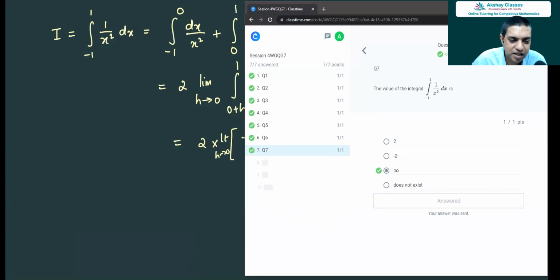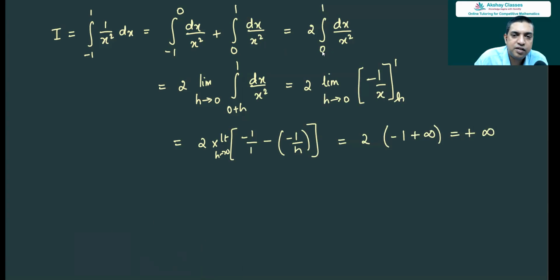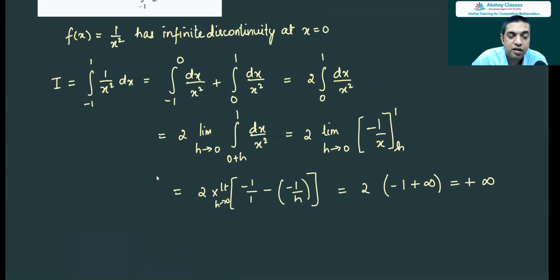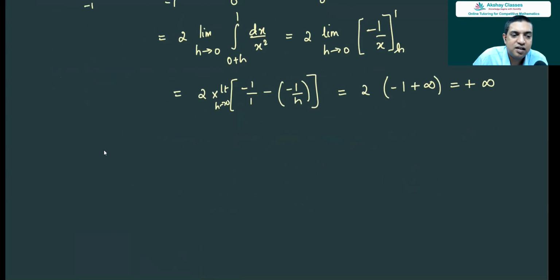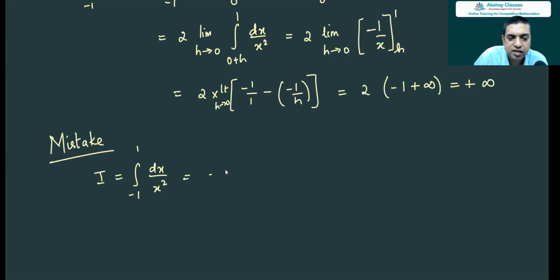The mistake we make is, if we don't do either 2 times 0 to 1, we'll get a mistake. Or if we directly apply the integral like this, -1 to 1 dx upon x square is -1 upon x from -1 to 1.